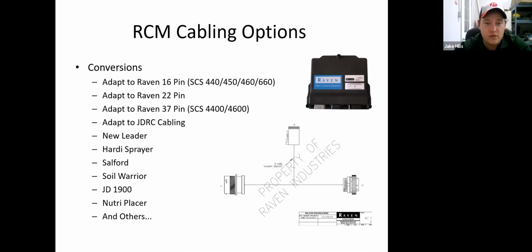They make adapters to do pretty much everything with that RCM. So you have your base harness, and then it goes to any of the older Raven stuff. You can go to some John Deere cabling, Salford, whatever is already on the machine. Most of the time we can make it work.